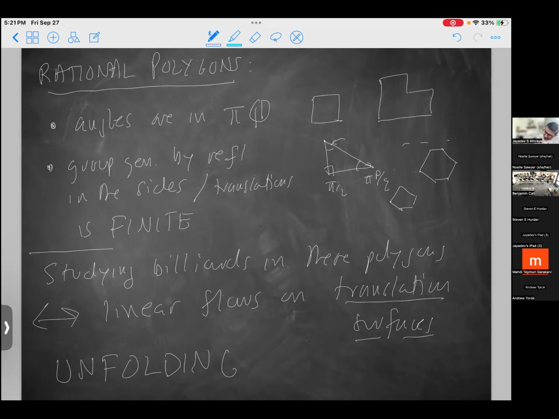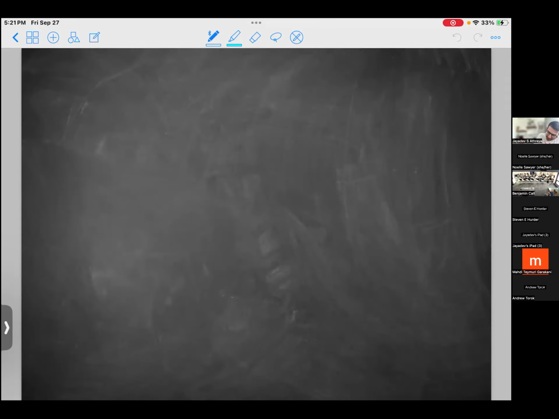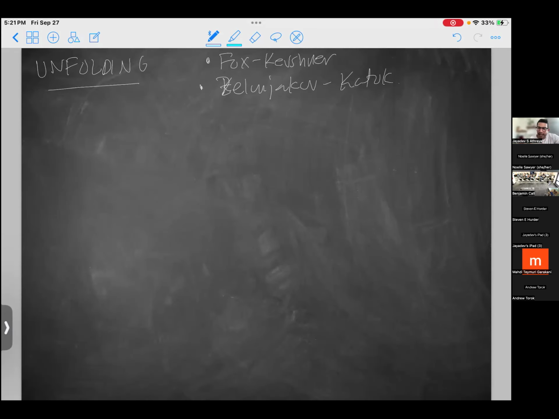And let me just quickly say historically, many people have discovered this unfolding idea. Two people who found it in the West were Fox and Kershner. This is in the 30s. And then it was independently found by Zemlyakov and Katok.